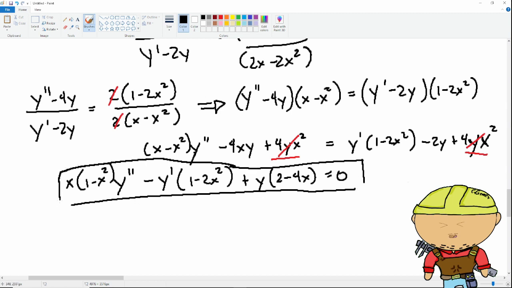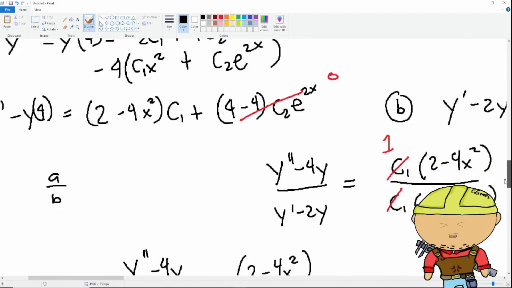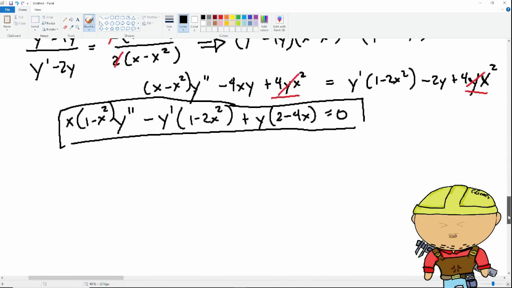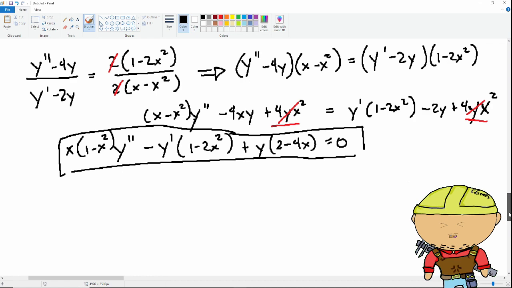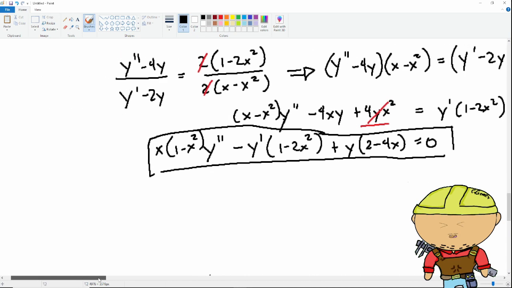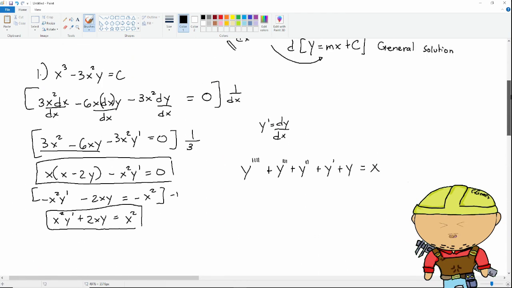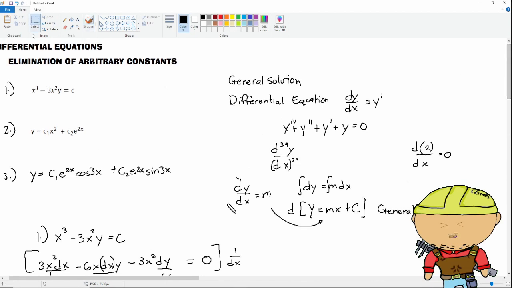This is now our differential equation to our general solution, the equation with the eliminated arbitrary constant. We have now eliminated the arbitrary constant. Again, this is the differential equation to our general solution with the constant, and the differential equation does not contain any arbitrary constant.